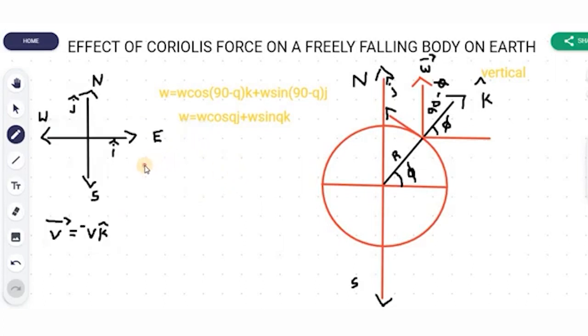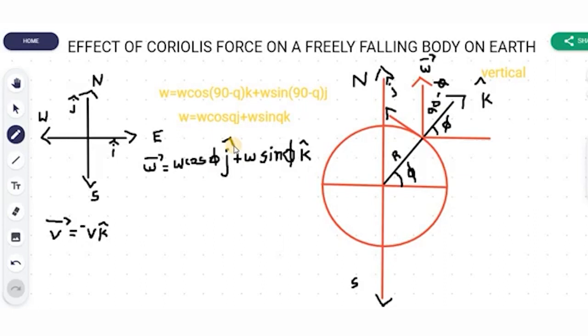So vector omega is equal to omega cos phi j plus omega sin phi k.